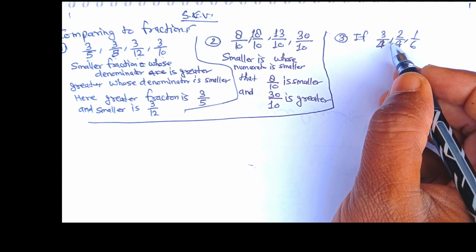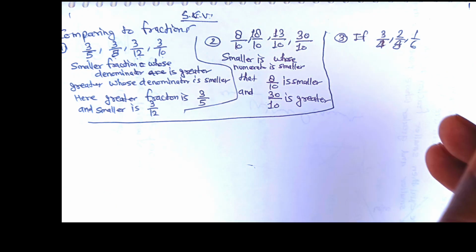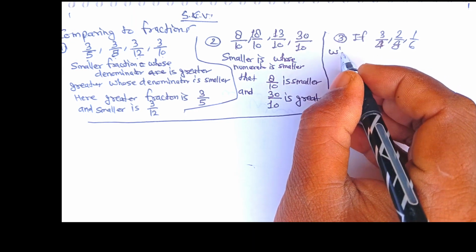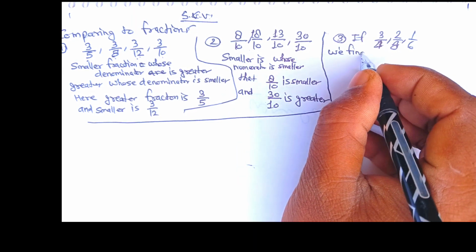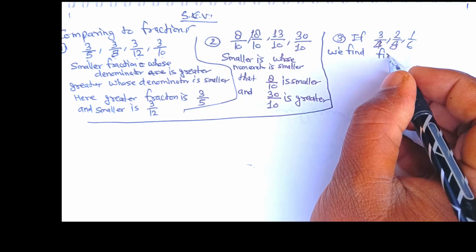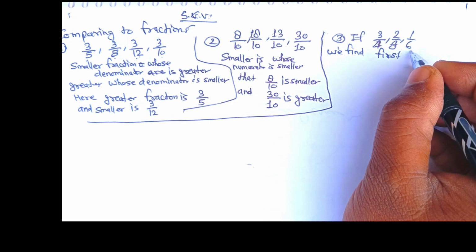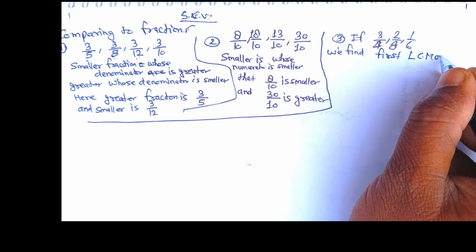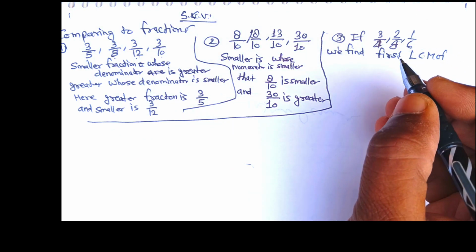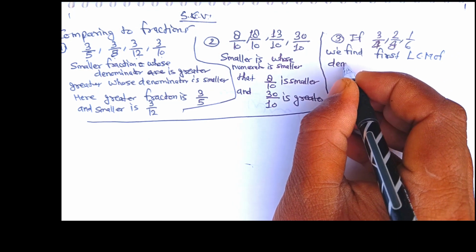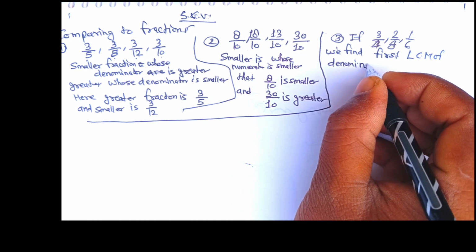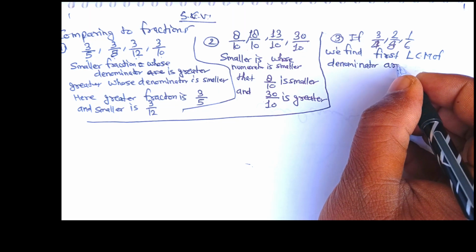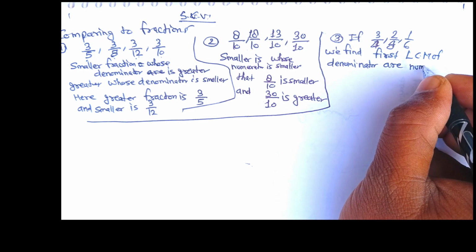Okay, in third condition, if numerators and denominators are not equal, we first find LCM of denominator or numerator.